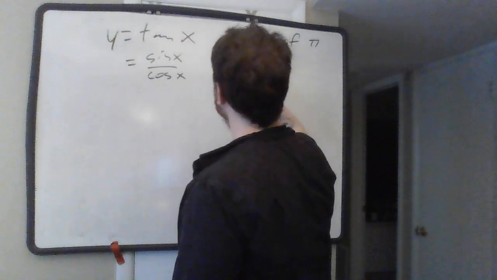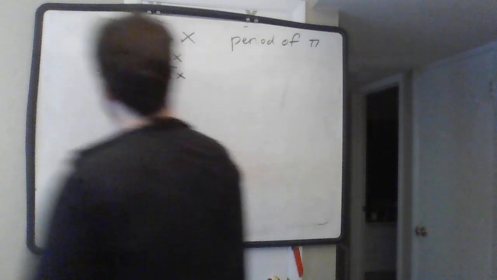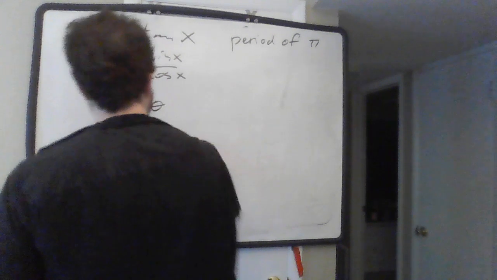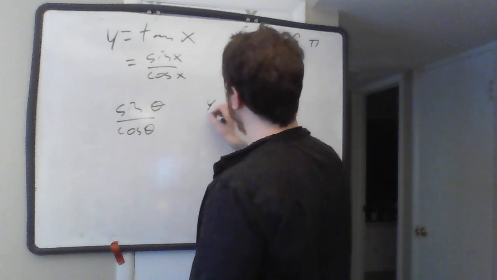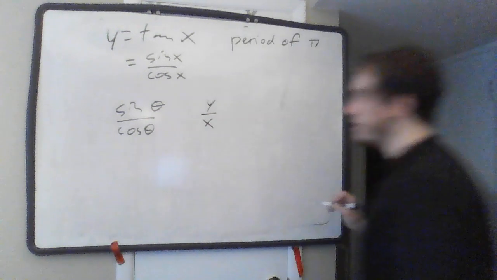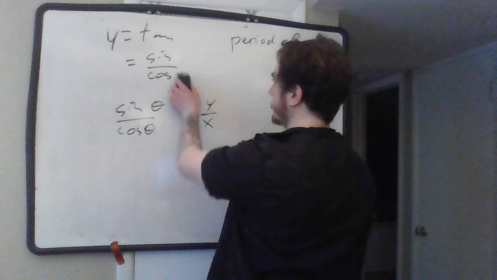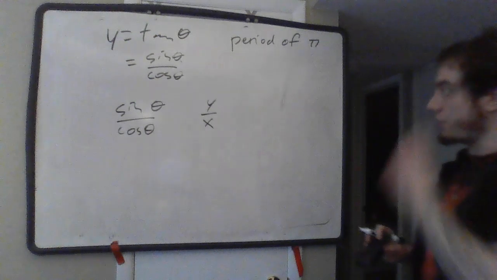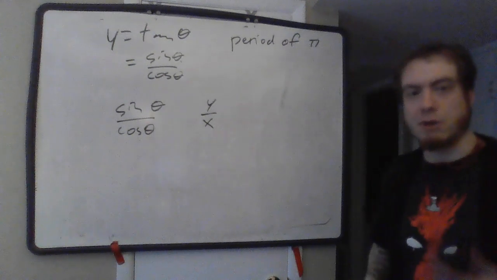If I think of this as sine theta over cosine theta, and I think about the terminal point, then this would be the y value of the terminal point divided by the x value of the terminal point. So yes, let me go back here and actually let's try to graph y equals tangent theta, which is sine theta over cosine theta. That way we don't get confused here with our x's and y's. I should have done that from the start, but I don't feel like re-recording this whole thing.